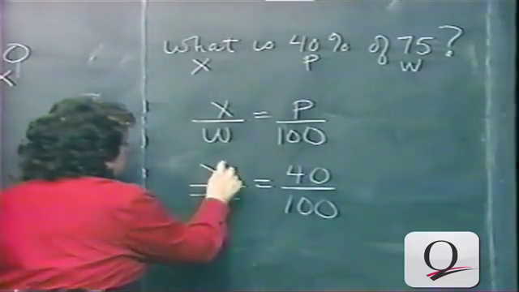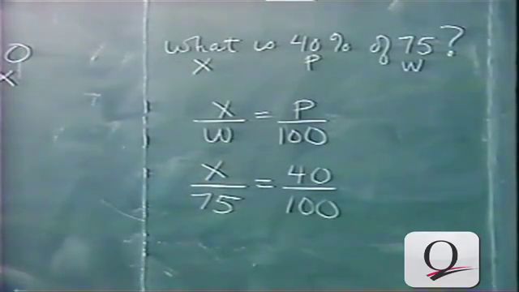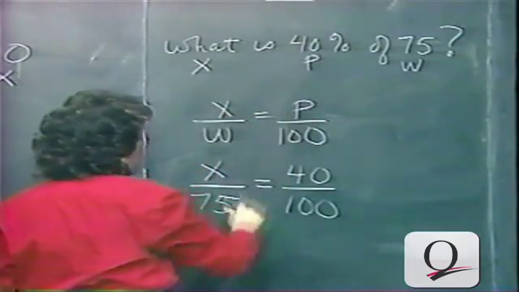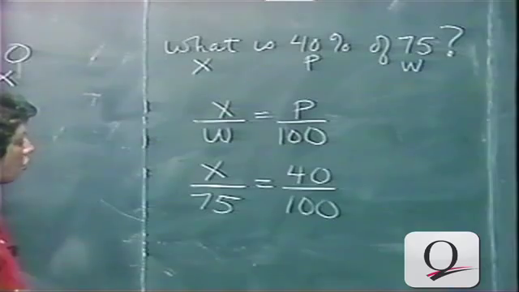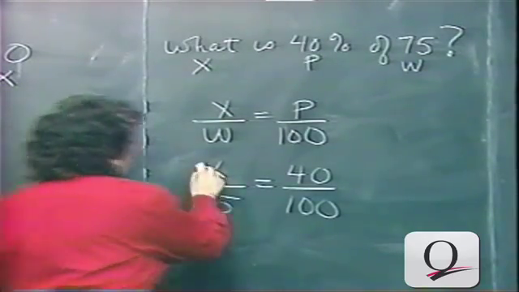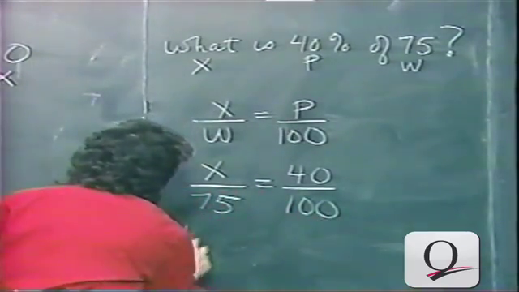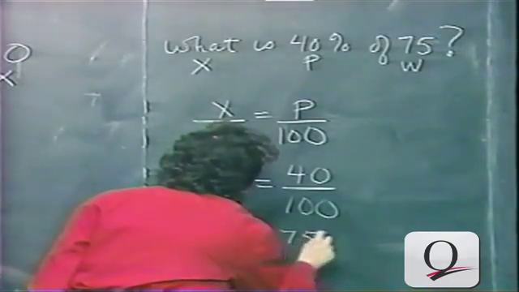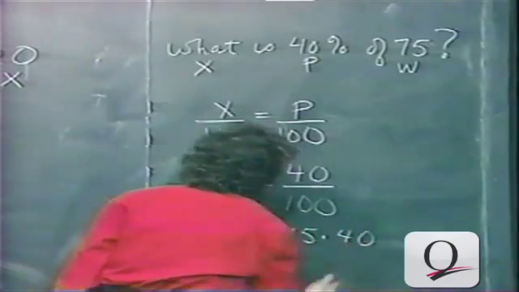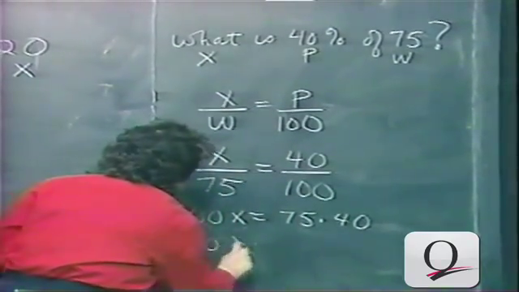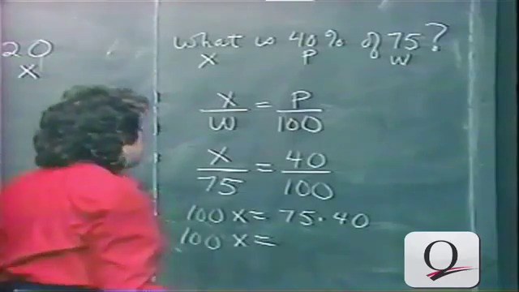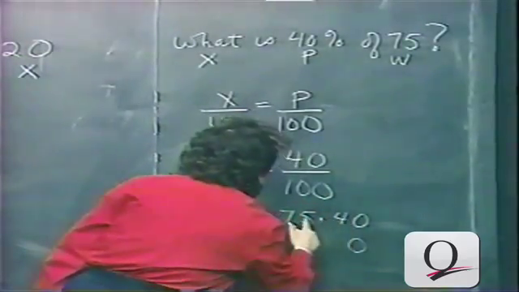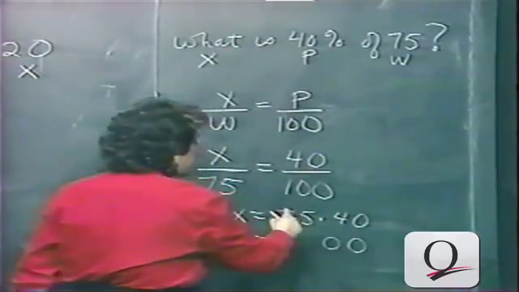Now, that's X. To solve a proportion of this type, when you're missing either the X, the W, or the P, all you have to do is cross multiply. So X times 100, or 100X, equals 75 times 40. 100X equals 75 times 40. That's 0. 4 times 5, 20.